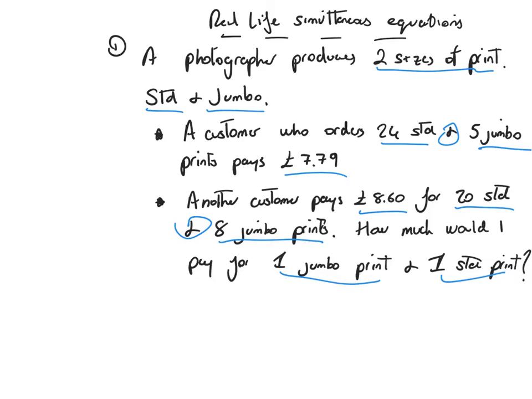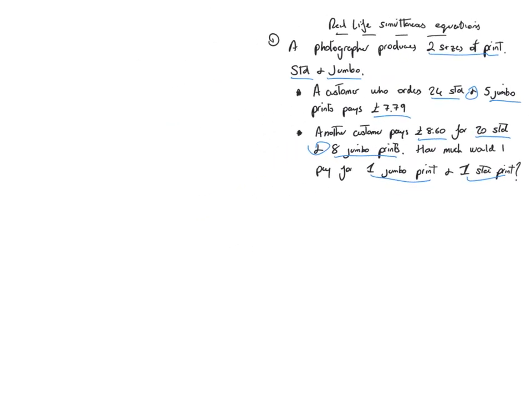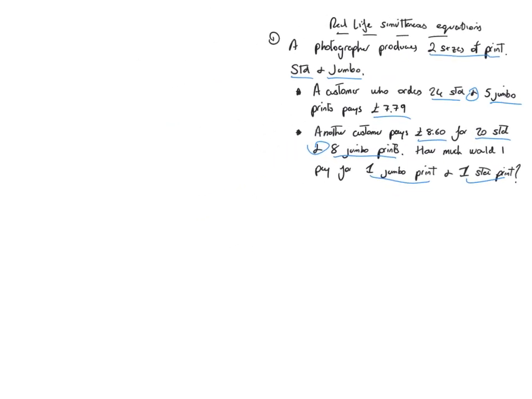The first thing we'd look to do then is to set up a pair of equations so that we can get going with this one. So let's first of all say that we're going to involve x and y. Let x be the cost of one standard print.